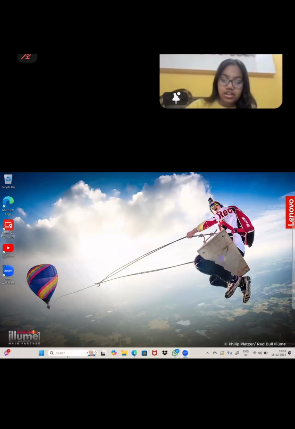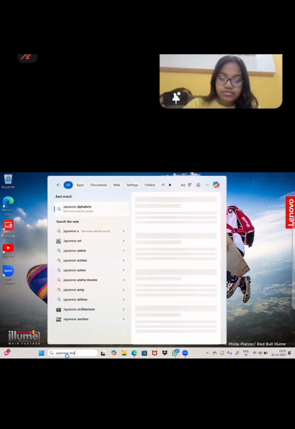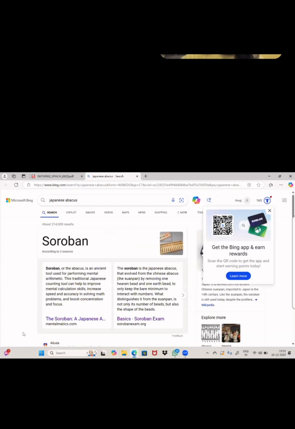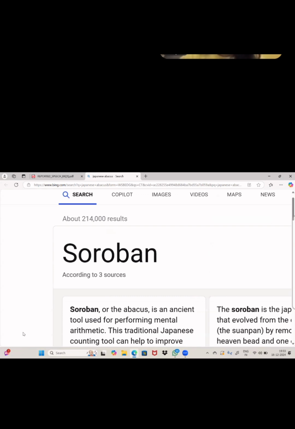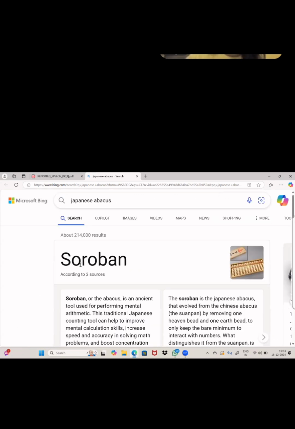But in the Japanese abacus, things are a bit different. If I want to show you, I'll share the screen. Japanese abacus is called soroban, but we'll not use soroban right here because the techniques are a bit different.